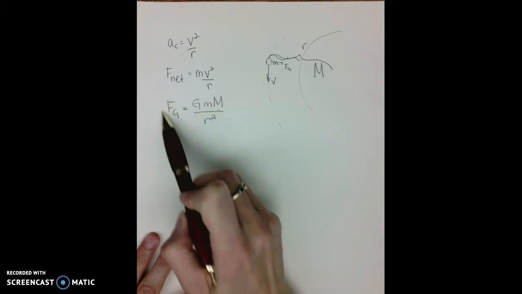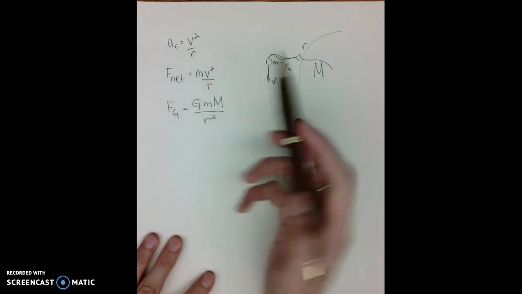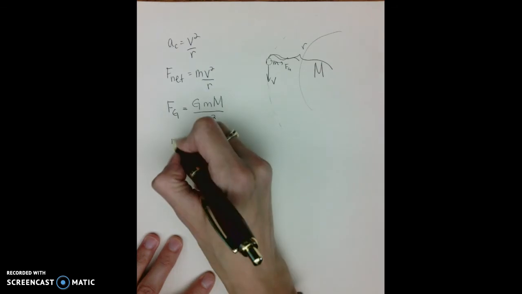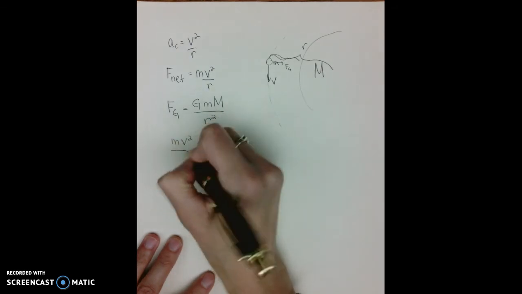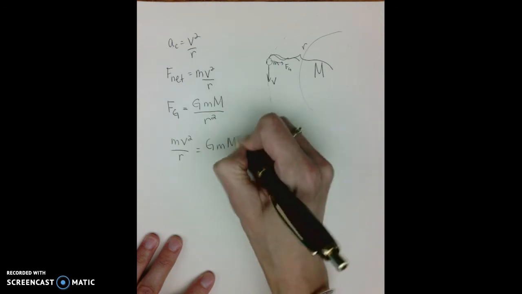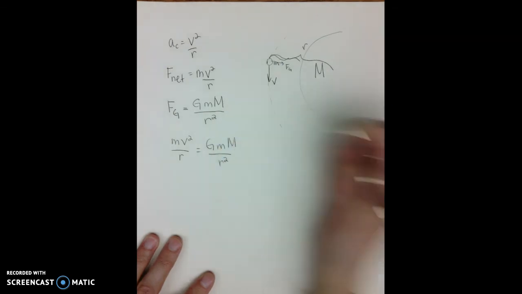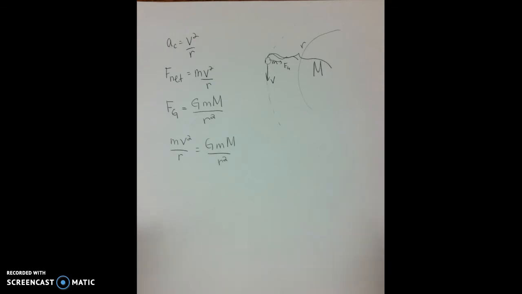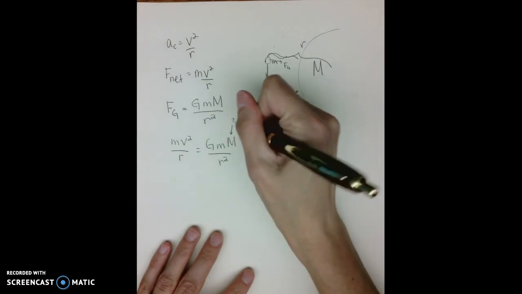And so this also equals m v squared over r. So I get little m v squared over r is equal to big G, little m, big M over r squared. And the purpose of this satellite being in orbit and measuring its speed is I need to know what the mass of this planet is.